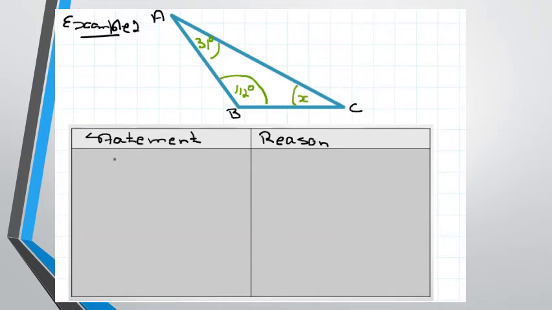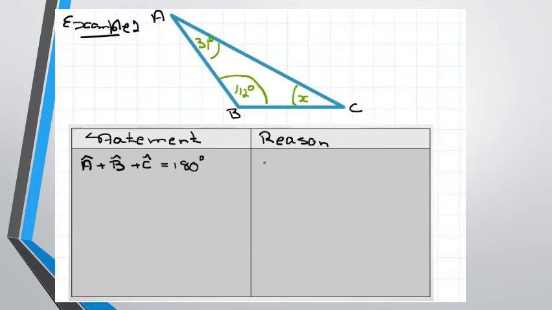What do we do first? We start with one of the properties of the triangle, the sum of the interior angles of a triangle. Right, so we're going to say angle A plus angle B plus angle C must be equal to 180 degrees.